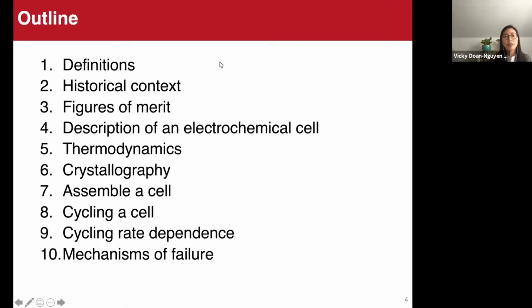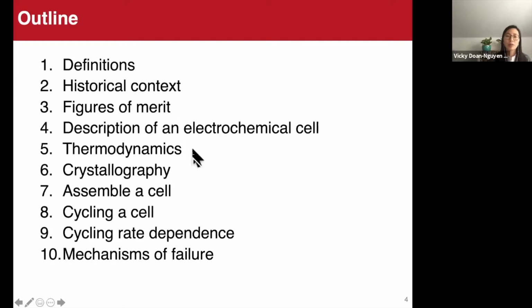The rest of the lecture will be outlined as follows. So we'll start off with definitions that you'll need to know, give some historical context for the evolution of batteries. We'll discuss also figures of merit, description of electrochemical cell.